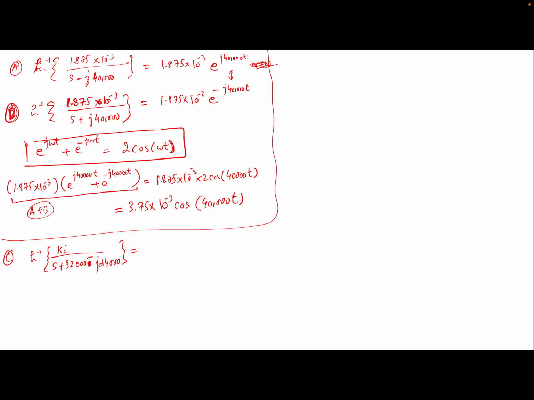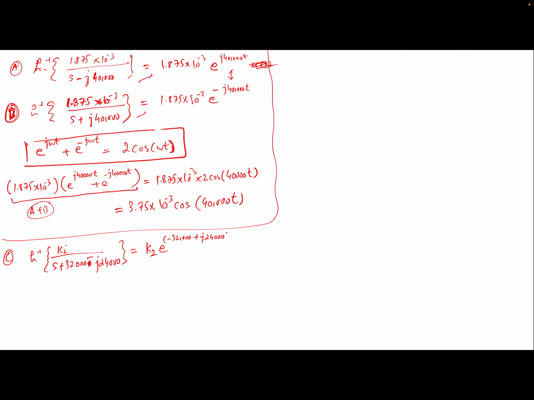I'm going to get a very similar thing over here: K2 times e raised to power (minus 32,000 plus j24,000) t.